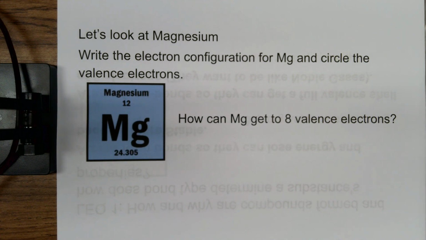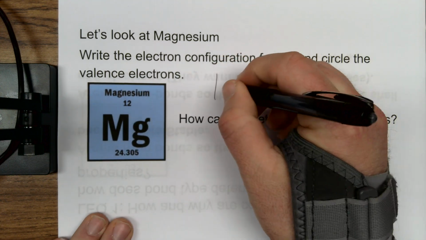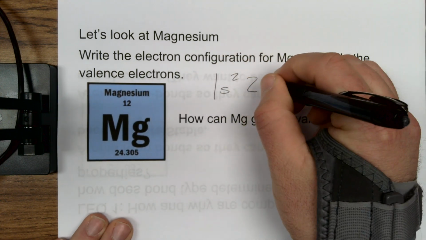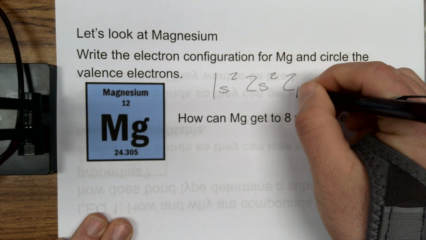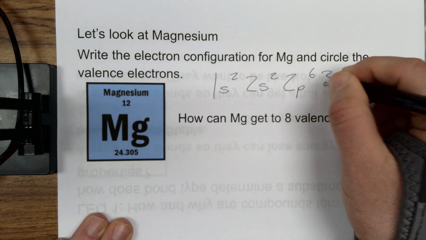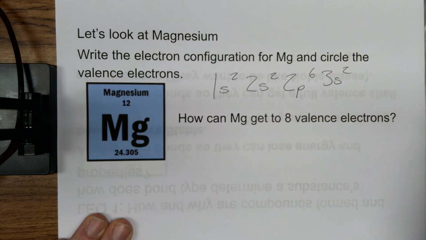Because I remember where my s orbitals, p orbitals, and d orbitals are, magnesium is going to fall into which of our 4 orbitals? 3s2. It's my last orbital, right? Write that out. So 1s2, 2s2, 2p6, 3s2.